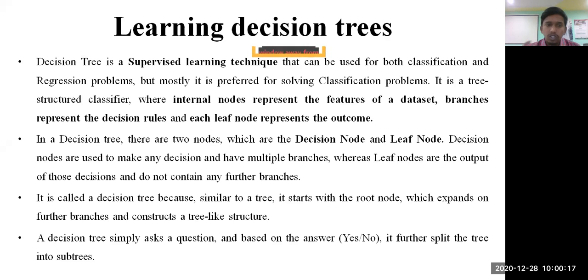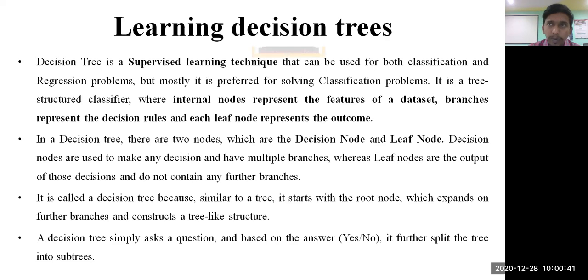In a decision tree, there are two types of nodes: decision nodes and leaf nodes. Decision nodes are used to make decisions and have multiple branches, whereas leaf nodes are the outcomes. As I said, a leaf node is the output of the decisions and does not contain any further branches. The leaf node is the final node from which we make the decision.